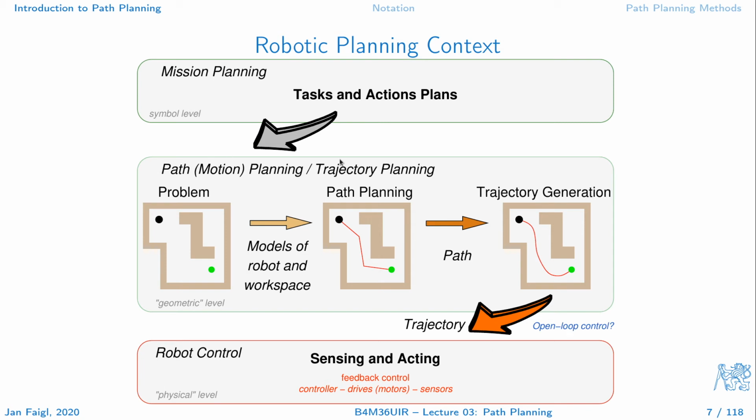Motion planning and trajectory planning is mainly this middle part. And once we have a trajectory, we can consider open loop control from the point of view of the generated trajectory.